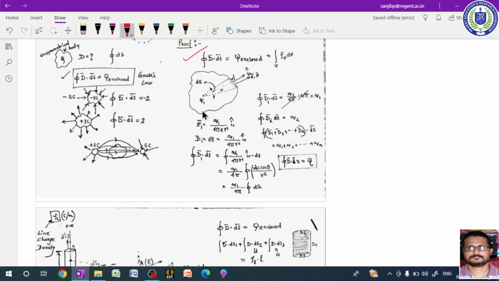What I have drawn, initially I considered this unsymmetrical shape. Inside this shape I consider a point, Q1, the charge. So at that particular point, I have considered a single point charge and its value is Q1. Now on the surface, we consider a very small area.